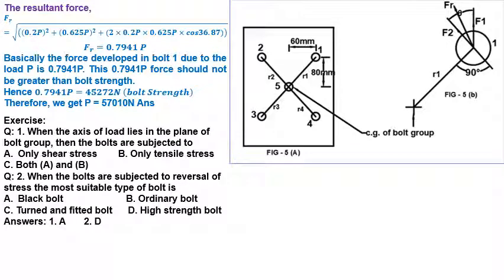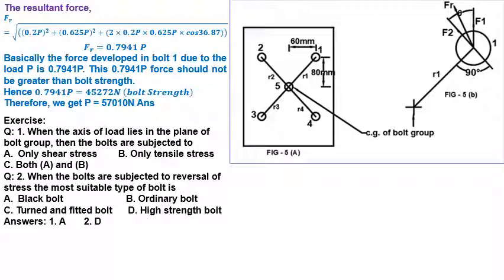Now, you must also perform these exercises, which are multiple choice questions. The first one is, when the axis of load lies in the plane of bolt group, then the bolts are subjected to. In this case, the correct option is A. When the axis of load lies in the plane of bolt group, then the bolts are subjected to only shear stress.